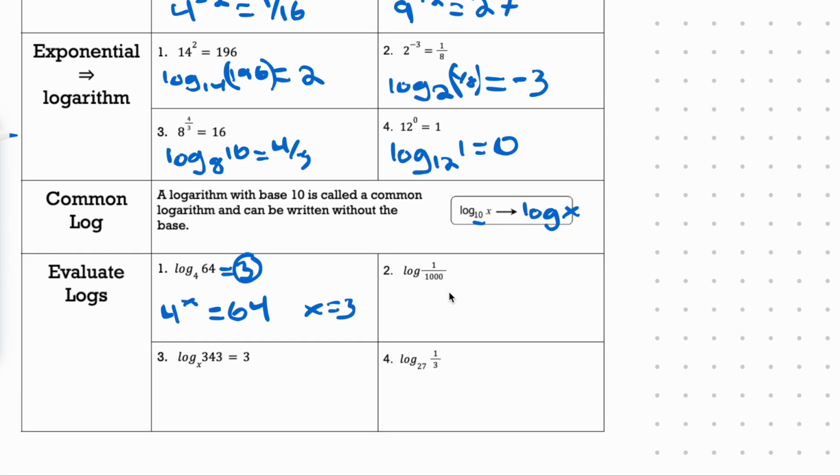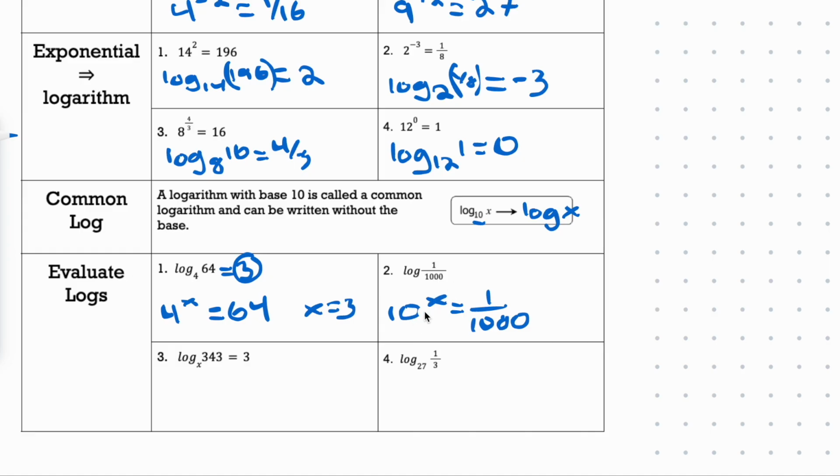And what about here? Well, here we don't have a subscript, so we just assume 10. So we're saying 10 to what power equals 1 over 1,000? In this case, at first I'm just going to ignore the fact that it's a fraction.